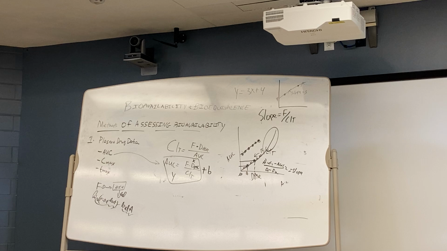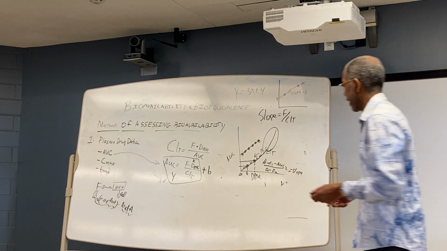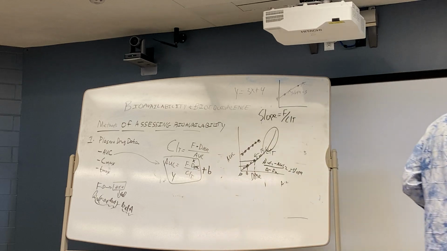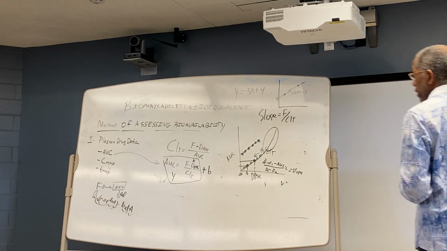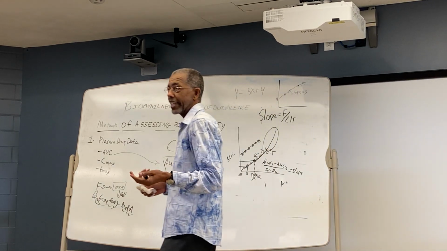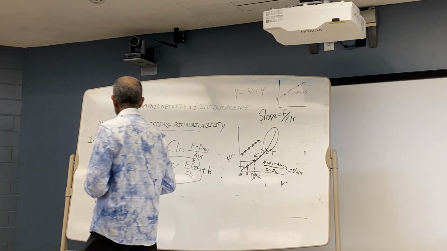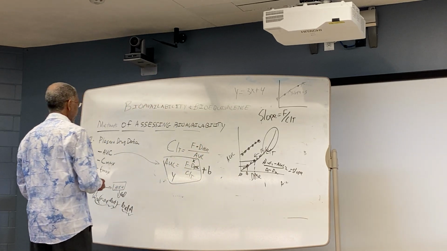Okay, so plasma data is important. Then we can also look at urine data to evaluate area under the curve. Now, plasma data is the ideal way, because ultimately we want the drug to get in the bloodstream.